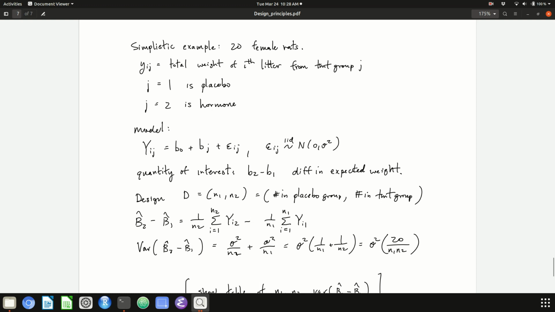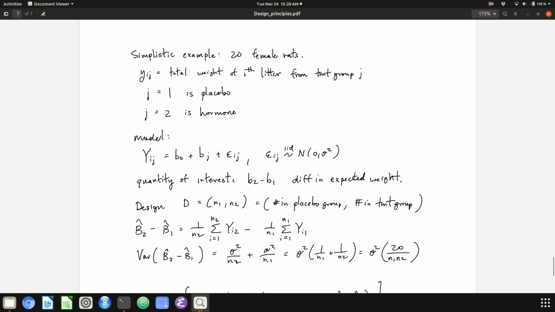That means that rats from the placebo group have mean B0 plus B1. Rats from the hormone group have mean B0 plus B2. And therefore, the quantity that we're interested in is the difference between those two expected values, which is B2 minus B1.